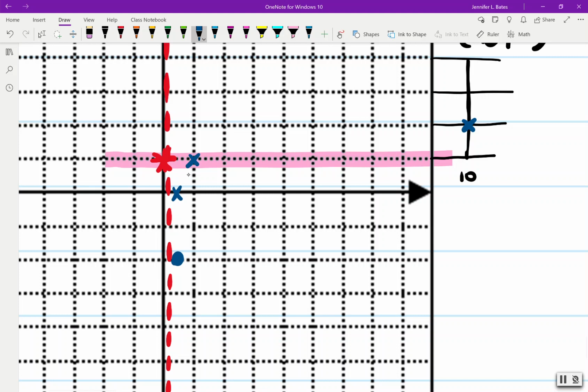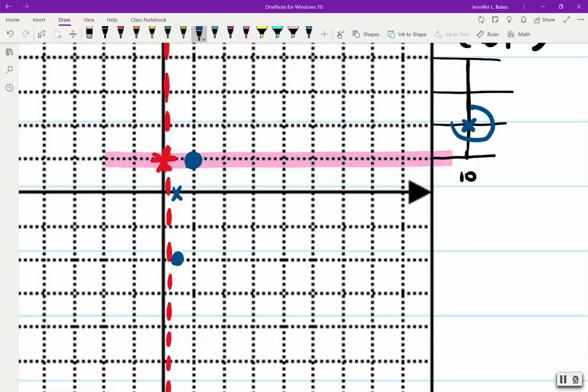Now, our next point right here, based on the pink line, how tall is it? Show me on your hand. Not a trick question. Should not be hard. So if it's sitting on the pink line, how tall is it? Good. It's 0. So 0 times 3, still 0, so this point doesn't move.